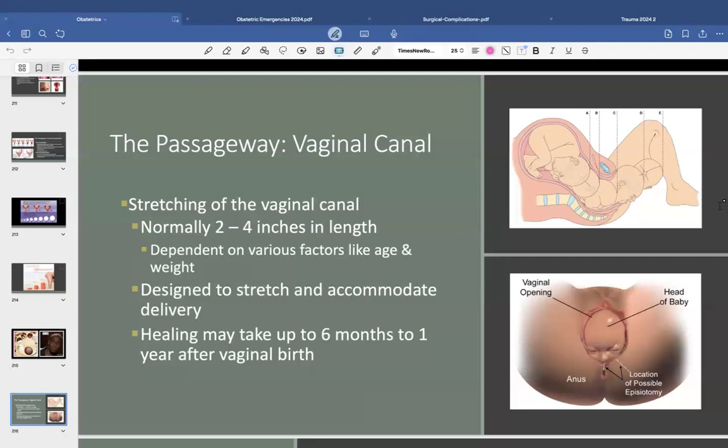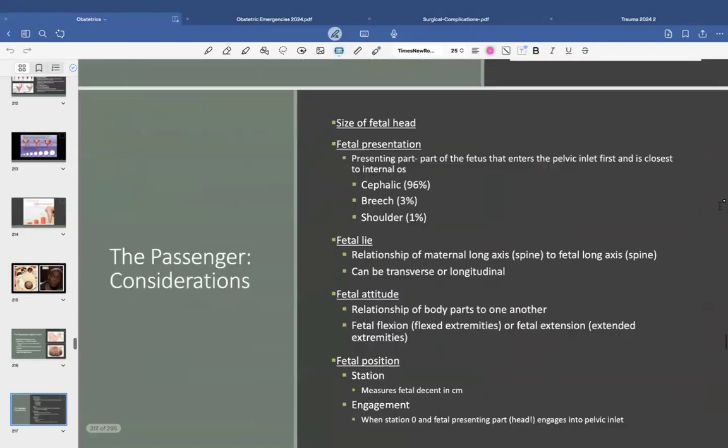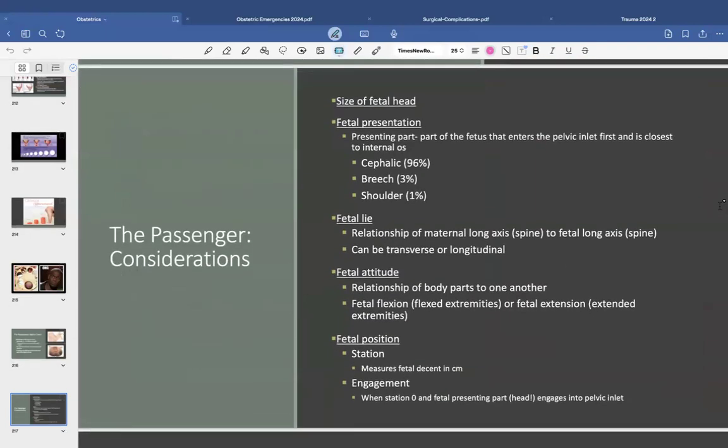Consider the fetal lie. We talked about that. We usually want longitudinal. That's the relationship of the maternal long axis and the fetal long axis. We talked about that versus transverse or oblique. The fetal attitude, which is that fetal flexion, that chin tucked towards the chest. The fetal position, the station.